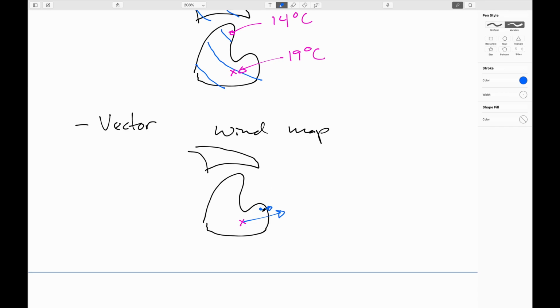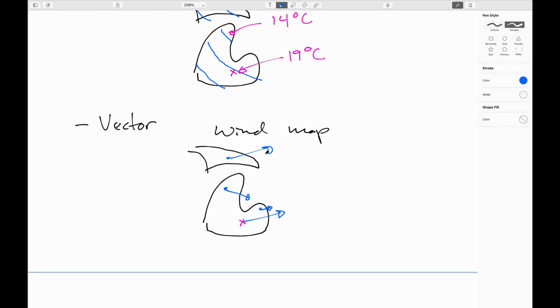Now, all this means is that at this reporting station right here where we drew the dot, the wind is blowing this fast in this direction. And maybe the direction is different somewhere else. You get the idea. Now, as a practical issue, if you actually draw longer vector arrows for greater wind speeds, the arrows tend to start lying all over each other.